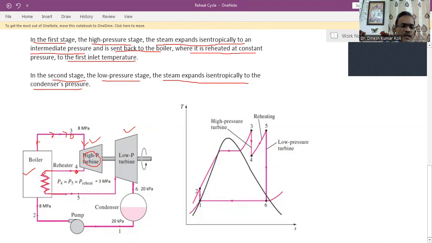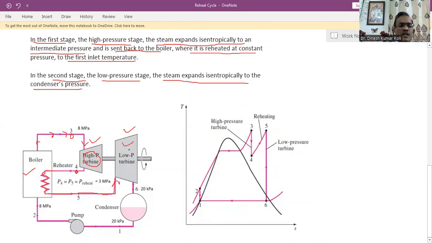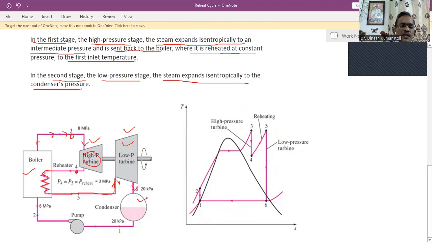Then after reheating, at point 5 the steam enters the LP turbine, where isentropic expansion takes place. After expansion, the exhaust steam at point 6 is passed through the condenser.